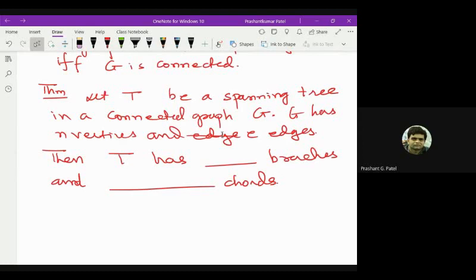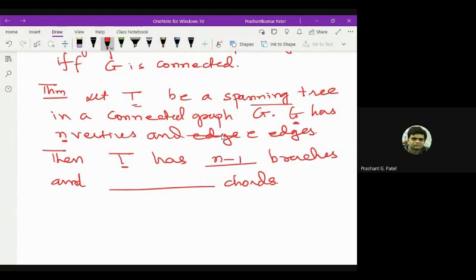Just a few minutes ago we proved that if T is a tree with n vertices, then it has n minus 1 edges. Here G has n vertices, so T also has n vertices because T is a spanning tree. So T has n minus 1 branches.